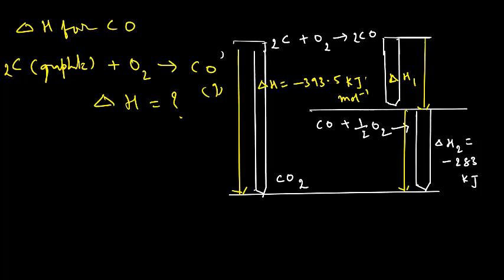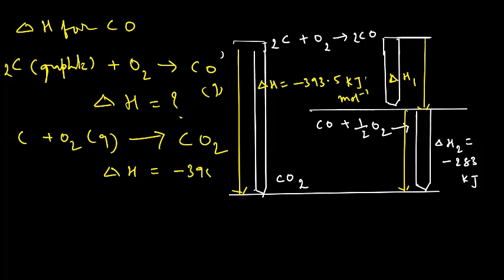Therefore, we take C plus O2, where O2 is a gas and of course carbon is graphite. We get CO2 directly. Here the enthalpy change is given as minus 395.5 kilojoule.